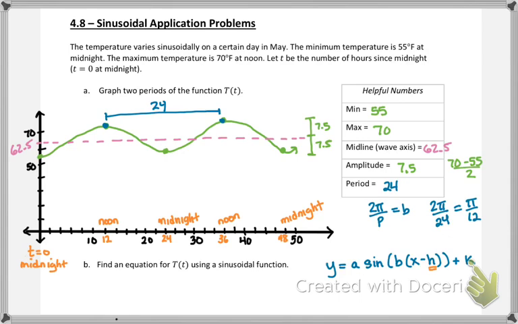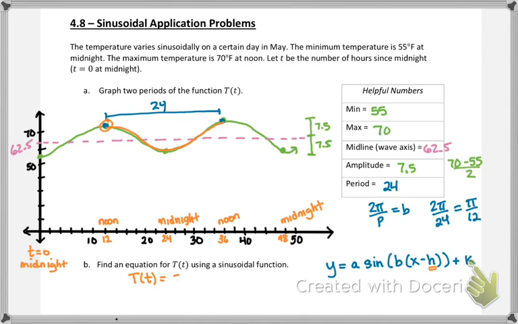So two options here when you're writing that cosine function. The first option is, let's say my cosine starts with this high point right here, crosses over the wave axis, hits a low, crosses over, and hits back up to the high. Okay, in this case, my function would be T of t equals, you could write y equals, it doesn't matter.